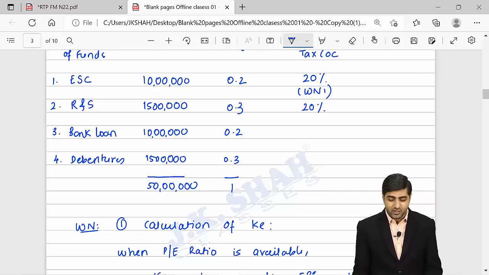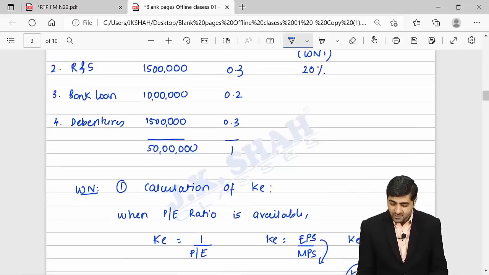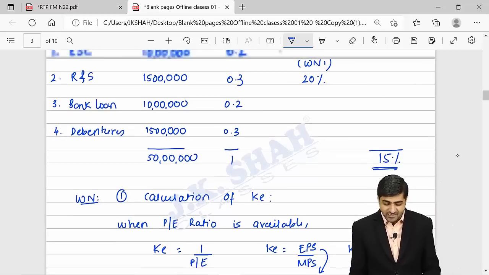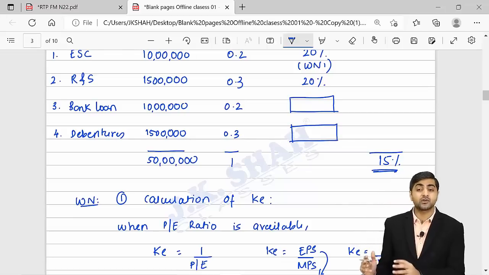So now we are just required to calculate what should be your bank loan and debentures cost. But we have the total WACC available as 15%. I just have to calculate this cost and this cost, and based on this my final calculations will be done.